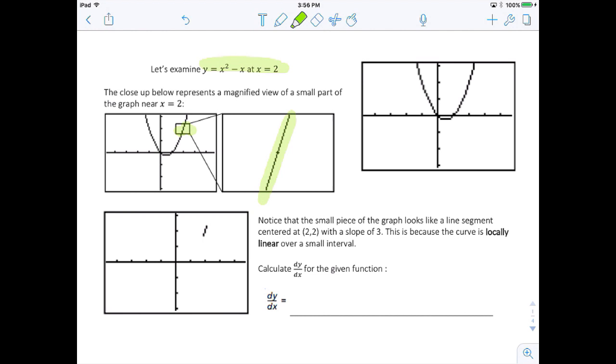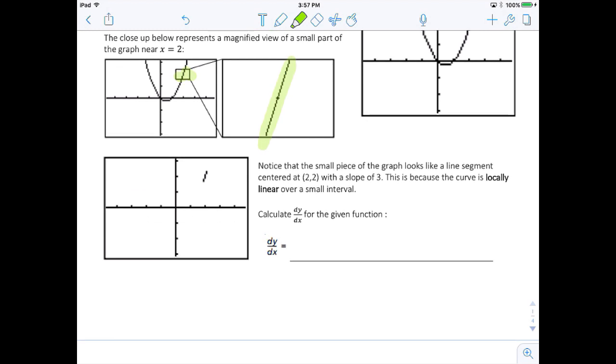This property of local linearity comes up a lot. If we look on a small enough scale, we can approximate any curve, or any differentiable curve at least, by using a locally linear piece. So dy/dx at that particular point would be whatever the slope of that section would be. That would be your slope there.